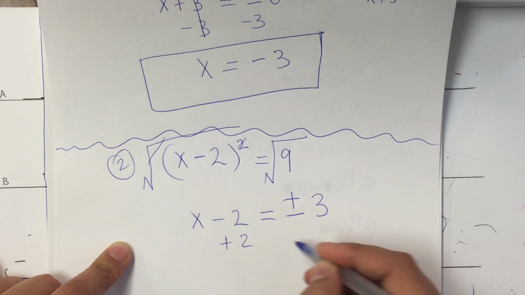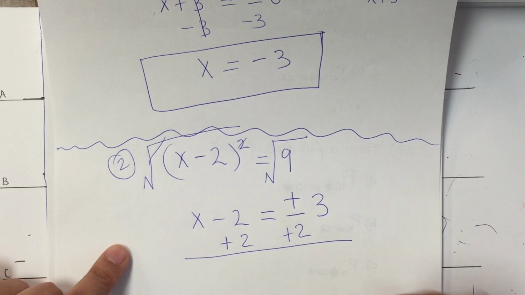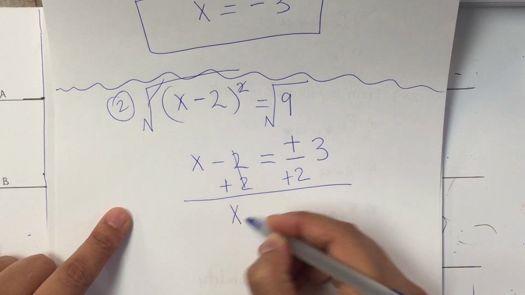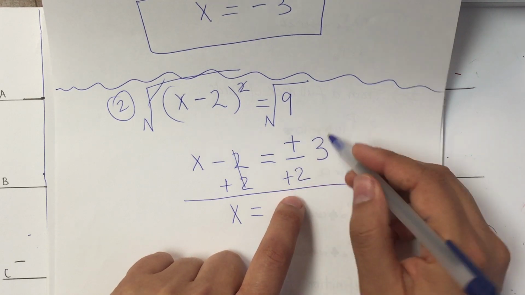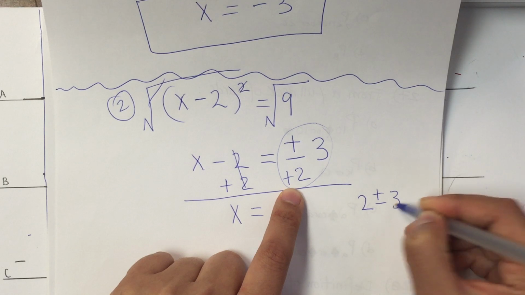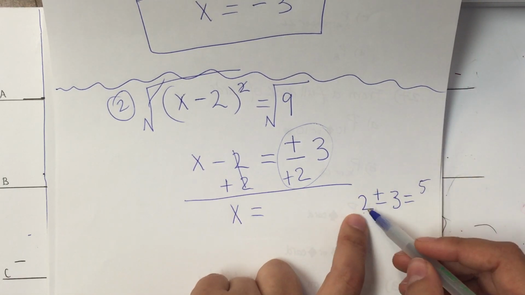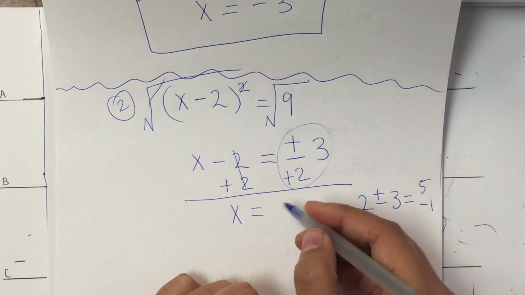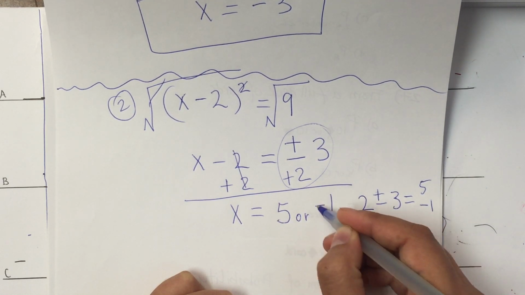We add 2 to both sides to cancel. And so the value of x is equal to, if you need to write this, remember that it means 2 plus minus 3. And so 2 plus 3 would be 5, but then 2 minus 3 would be negative 1. So the answer for x is 5 or negative 1.